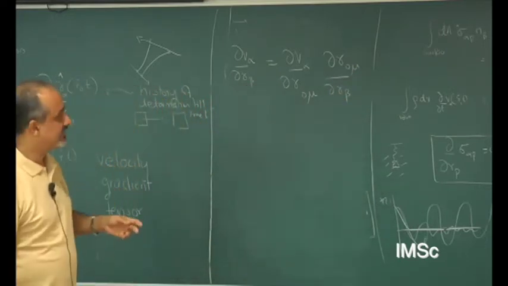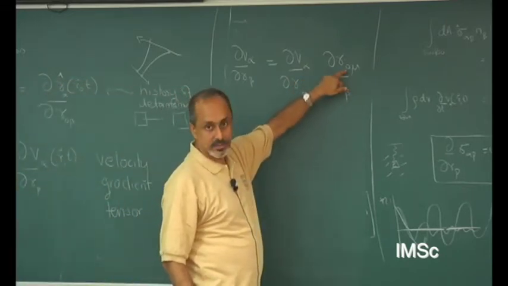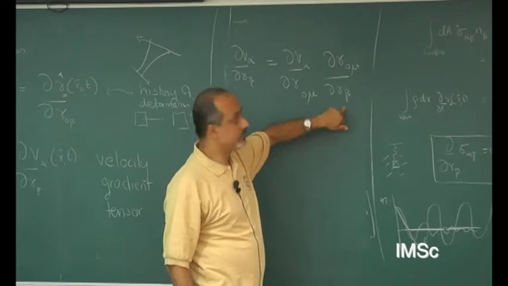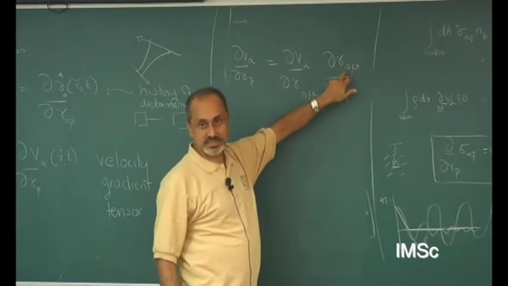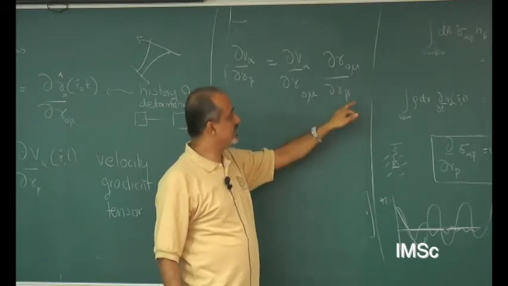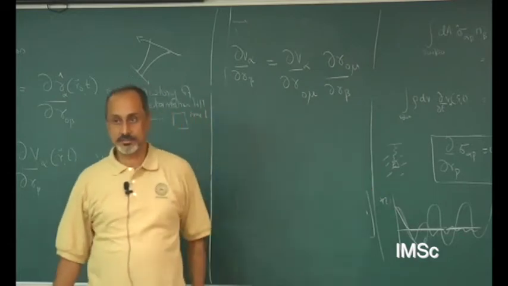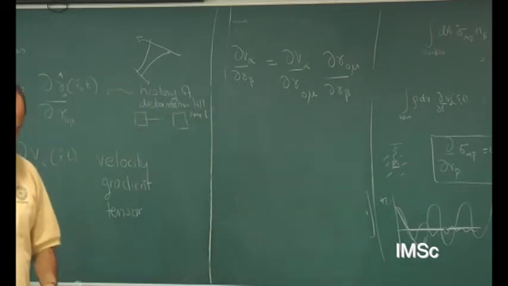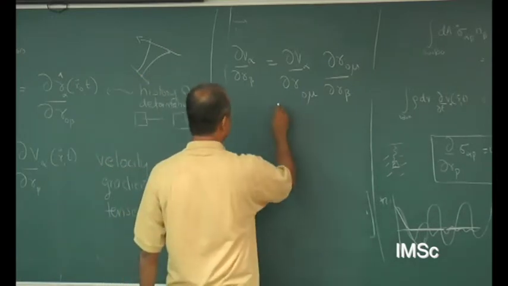Okay? And this I can say because there's a one-to-one relationship between where it was starting to where it was ending up. So R0 mu is the mu-th component of the position at time t equal to 0. This is the beta component of the position at the later time t. So it's just breaking this up into two parts.